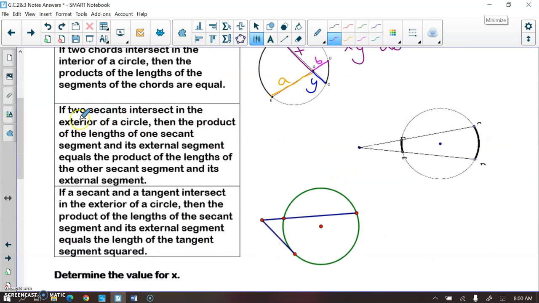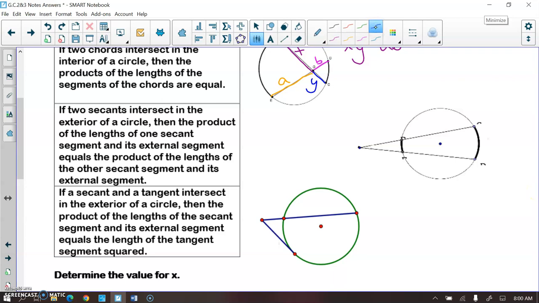Another rule is if I have two secants intersecting on the exterior of the circle, then the product of the lengths of one secant segment and its external segment equals the product of the lengths of the other secant segment and its external segment.